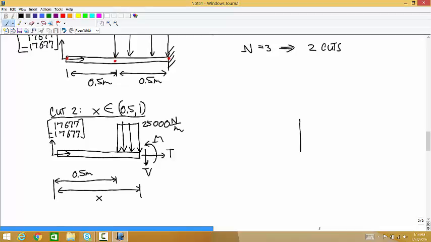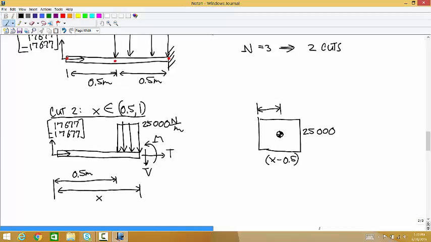We know its height is 25,000. The centroid's right in the middle. What's the base? What's the length of this shape? It's not 0.5, because it would be 0.5 if our x was equal to 1. This is going to be x minus 0.5. Okay?